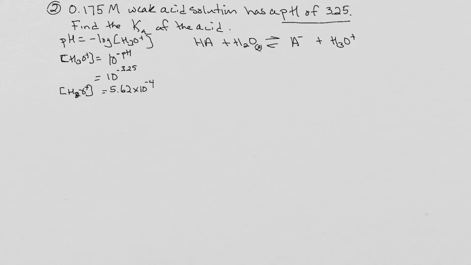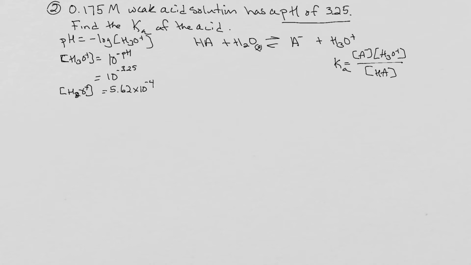Now, the generic Ka expression for a weak acid equilibrium is going to be the Ka equals the conjugate base times hydronium concentration over the concentration of our acid.